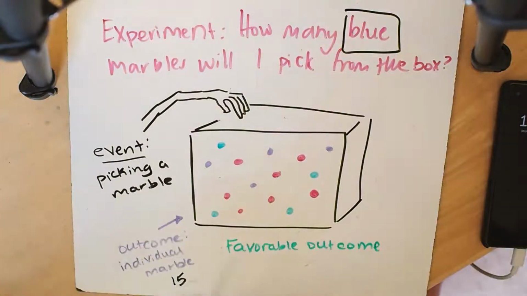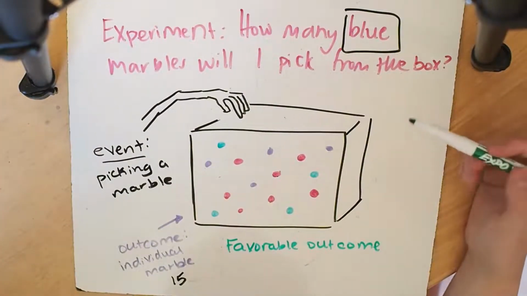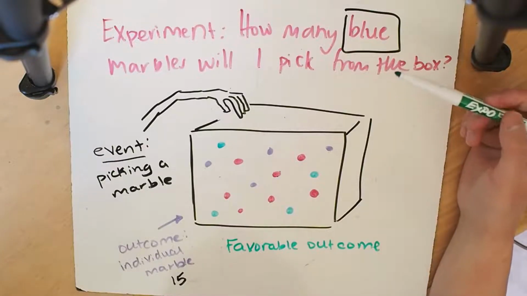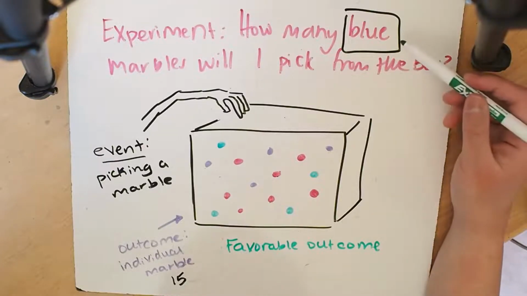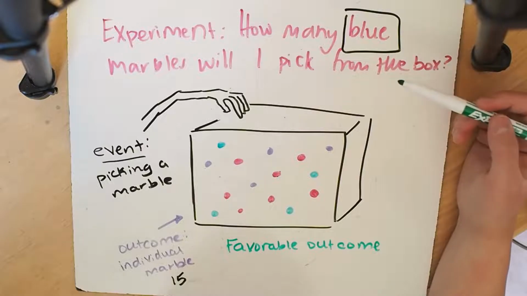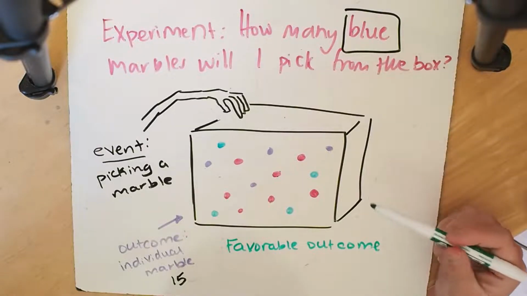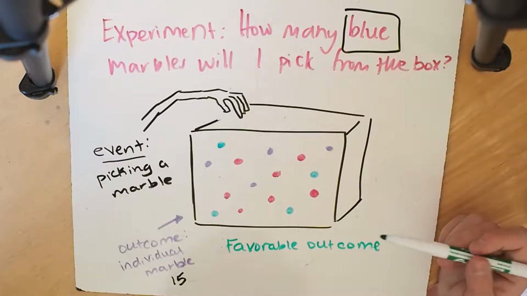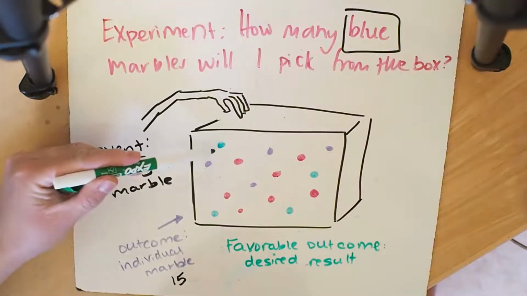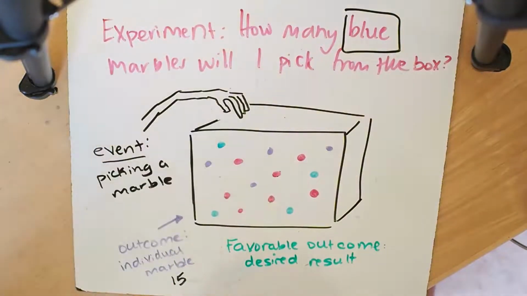In an experiment, a favorable outcome is one that satisfies the requirements of the original problem. So in this case, it says that we want to find blue marbles. That means every blue marble in the box represents a favorable outcome, meaning that when we count here, there are 1, 2, 3, 4 favorable outcomes.